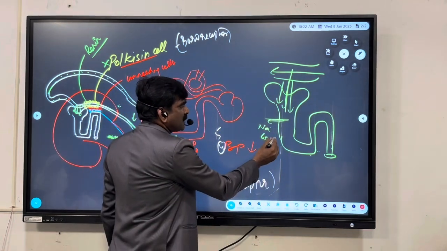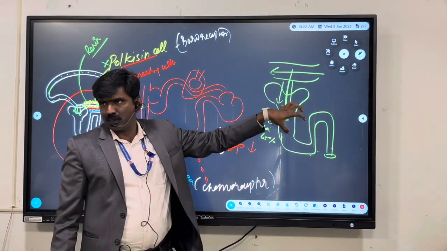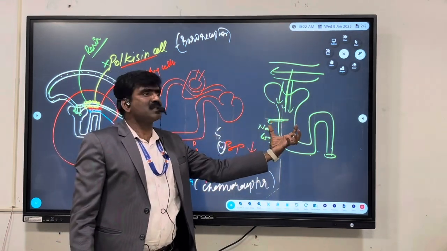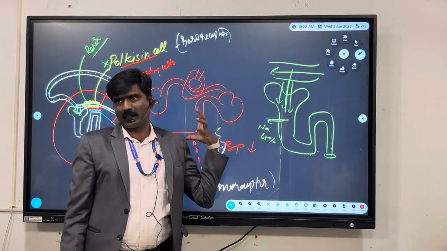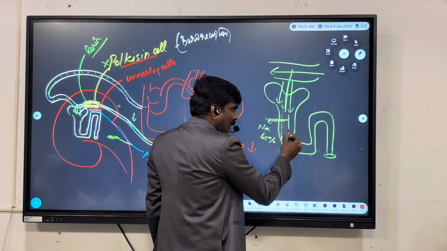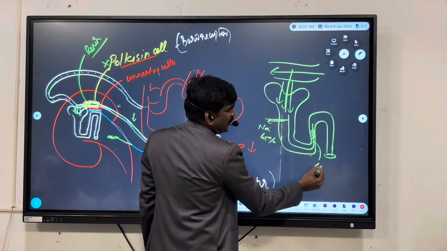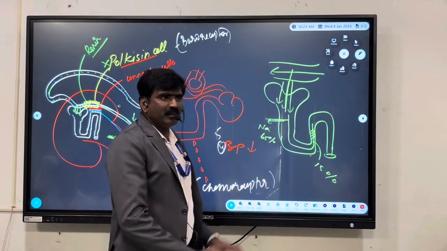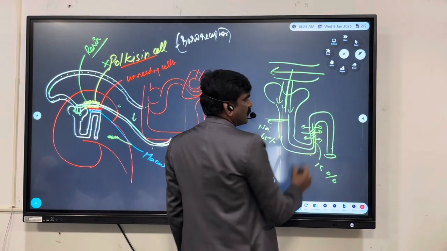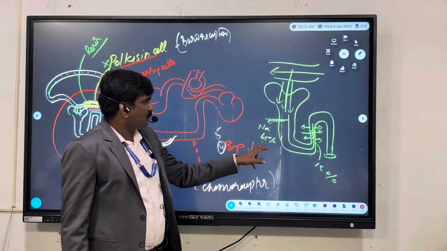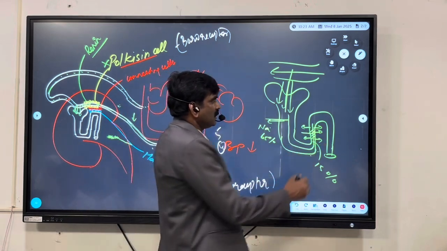Normally 65% of the sodium is reabsorbed from the filtered blood. 65% of the sodium is proximal convoluted tubule में reabsorb हो जाता है, right? Now that it is coming down, and here in this place 15% of the sodium is again reabsorbed, right?